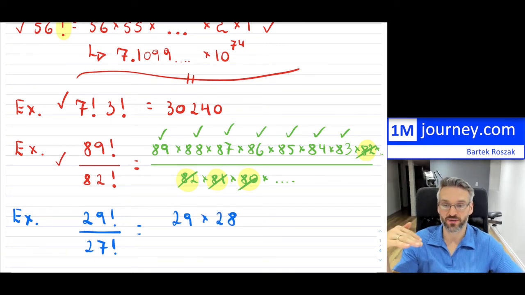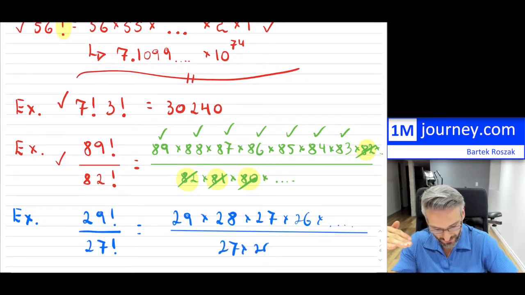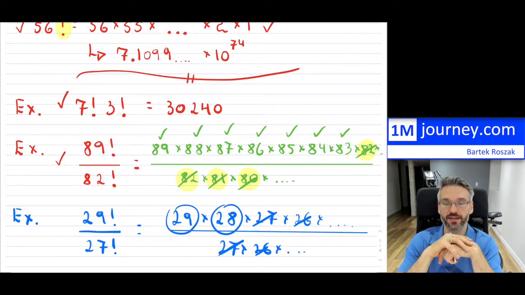Because the 27 factorial will cancel, right? Because here would have been 27 times 26 times so on. So these things would have just canceled each other off, and you don't have to necessarily worry about them. So this is just simply 29 multiplied by 28. I'll leave the multiplication for you, but I just wanted to show you.